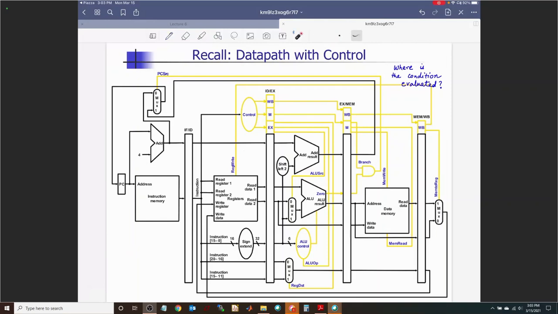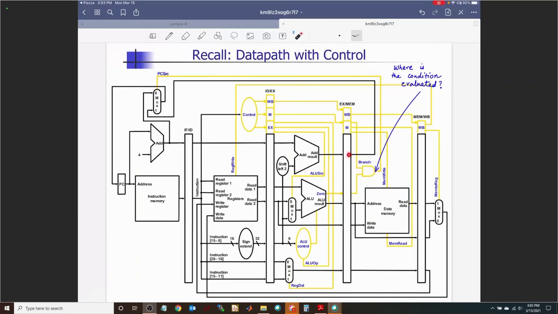ALU 0, okay, so ALU 0 is going to give you one thing, but you are also going to need some other control signal, right? One of the control signals for the memory. So the branch condition is being evaluated right here. You see that? Which is essentially going back and controlling what your PC source is. So PC source is either the next one, PC plus 4, or the new branch instruction, right?